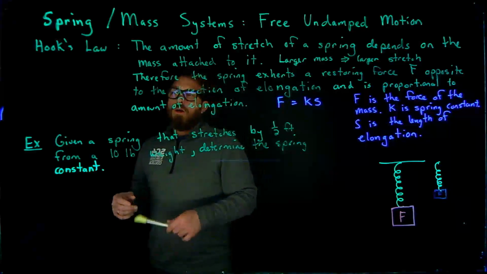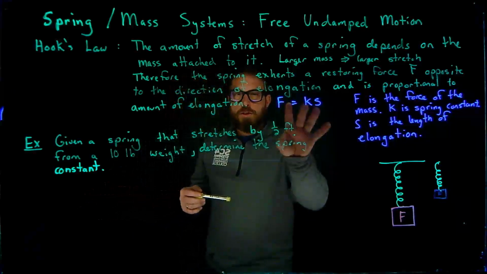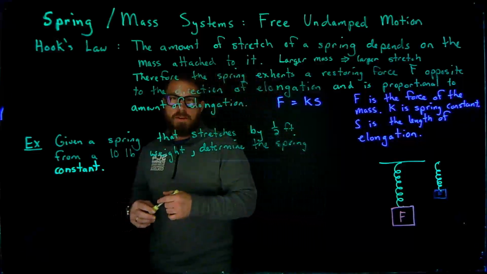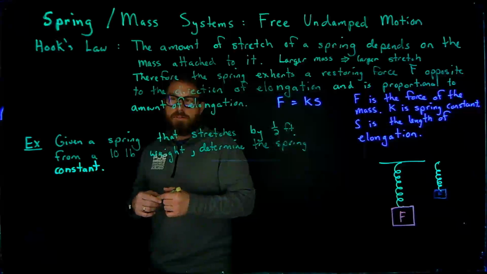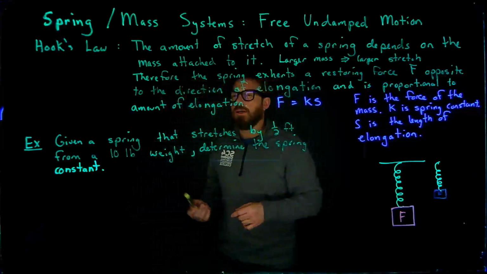So, let's do an example. We're going to go after Hooke's law. I'm going to give you two of the three things, and we're going to find the third one. So in this case, given a spring that stretches half a foot from a 10-pound weight, determine the spring constant.